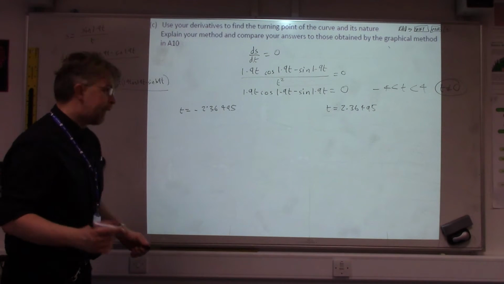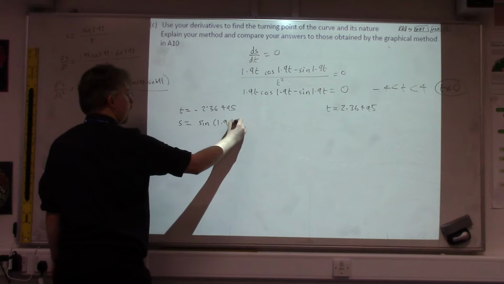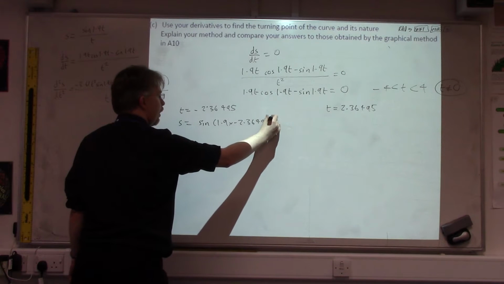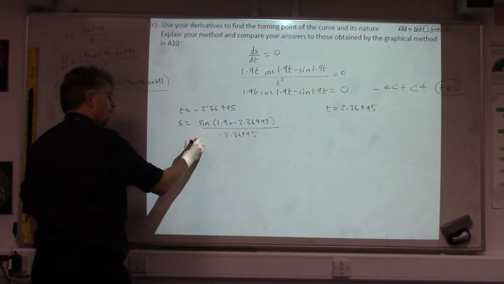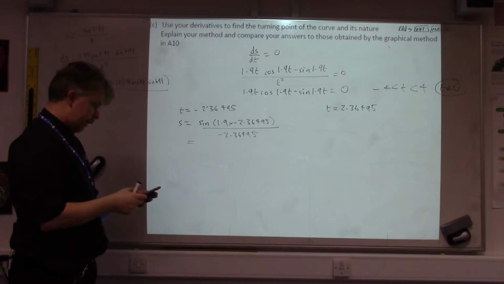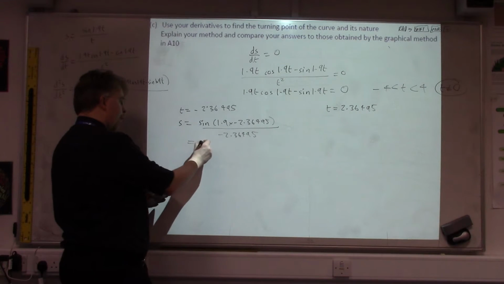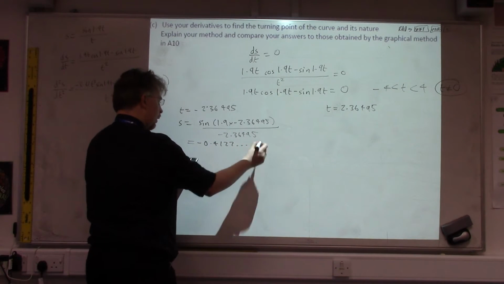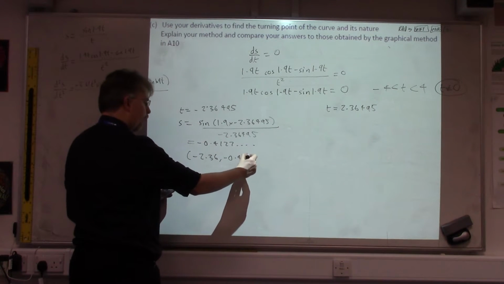So we go back to finding the s's. We stick it into this formula: sine 1.9 times -2.36495, divided by -2.36495. Calculating, we get -0.4127, and so on. So to two decimal places, it's -2.36, -0.41.